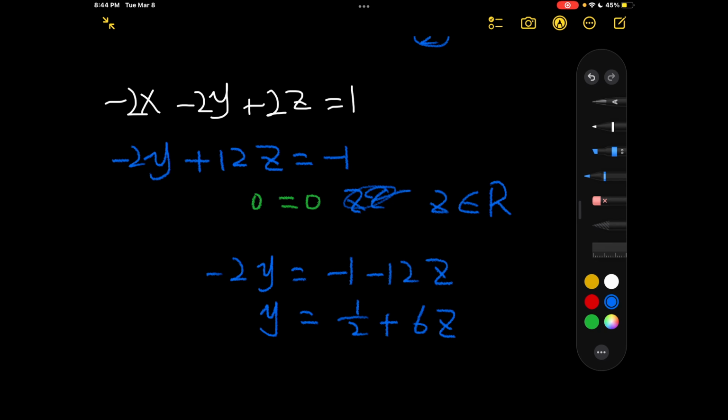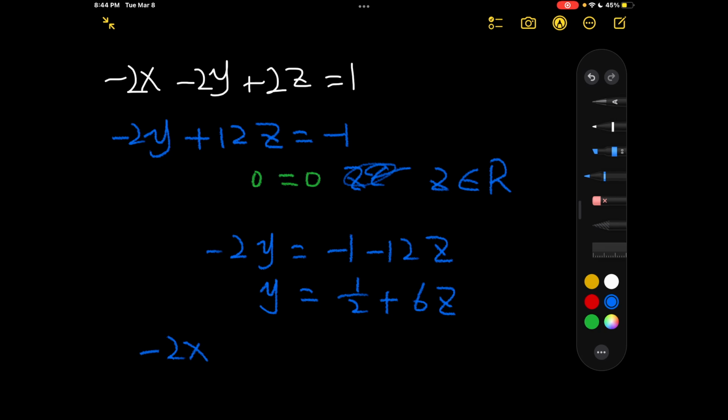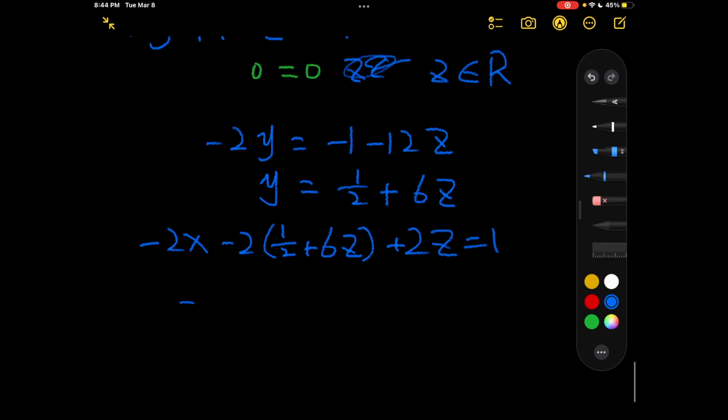Okay, we substitute y into equation 1. We get -2x minus 2y plus 2z equals 1.